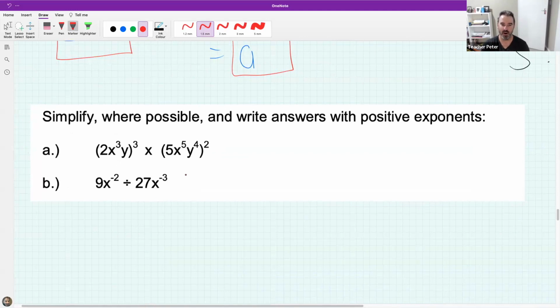Okay, let's do number 1 and then number 2, or A and then B. Give these 2 a go, and they want you to leave it with positive exponents.